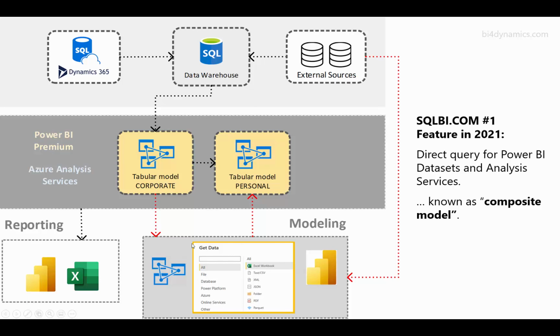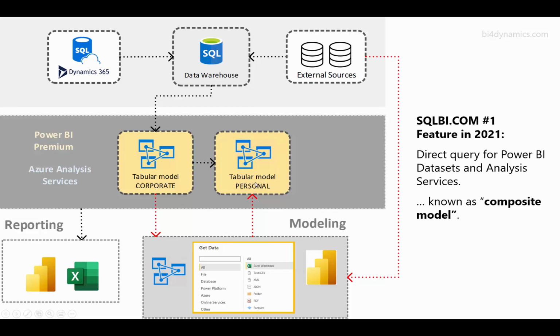After we create the model in our Power BI desktop, if we are using Power BI Premium, we publish this model back to Power BI Service. It is another data set in Power BI Service. If we have Azure Analysis Services, then we can share the file with our team members.